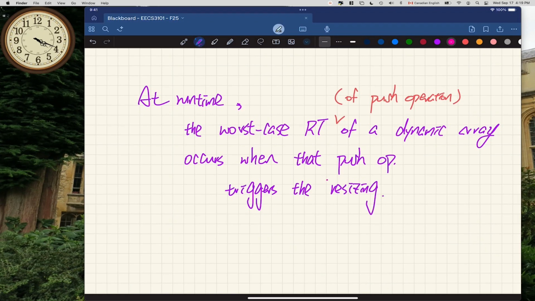And we know that the resizing is actually going to copy over all the existing contents into the new, bigger array.